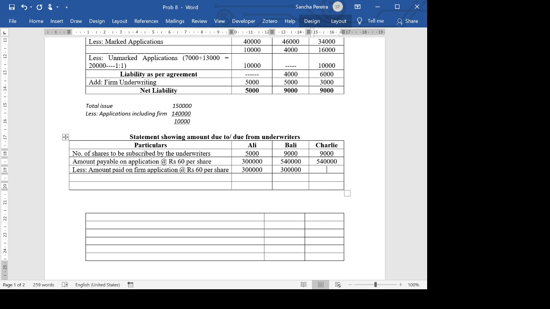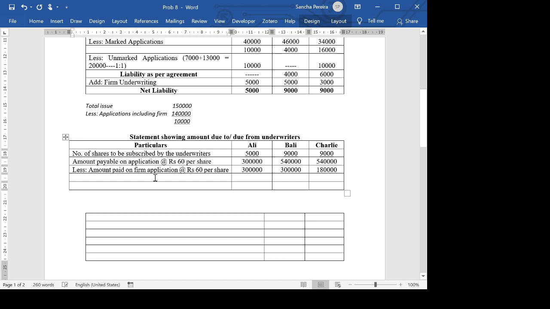And in case of Charlie, it will be 60 into 3,000, which will be 1 lakh 80,000. So what did I do? I took each one's firm underwriting. 60 into 5,000 will be 3 lakhs, 60 into 5,000 again 3 lakhs, 60 into 3,000 will be 1 lakh 80,000.